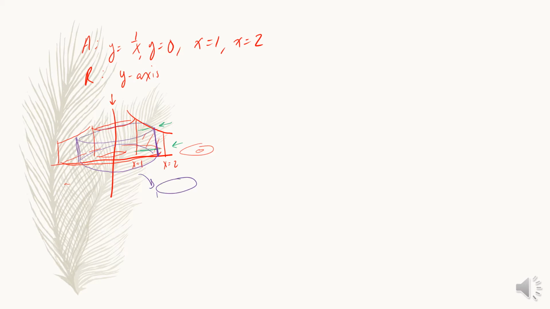So that one slice, here was my slice. We imagined what that would do if I actually did the rotation, and that gave us this cylinder. So what we're going to do is integrate the surface area of this cylinder.